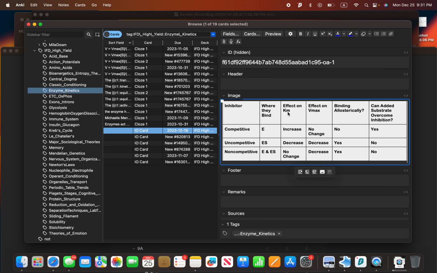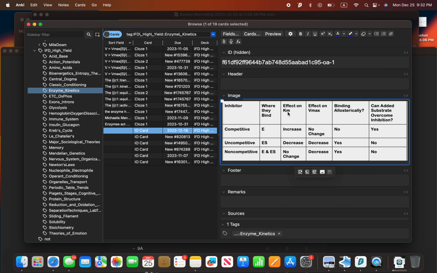However, because the competitive inhibitor is attached to the active site, the affinity of the enzyme becomes less for the substrate. So the Km increases. Therefore, you need more substrate concentration in order to overcome the inhibition, and therefore the Km has increased.